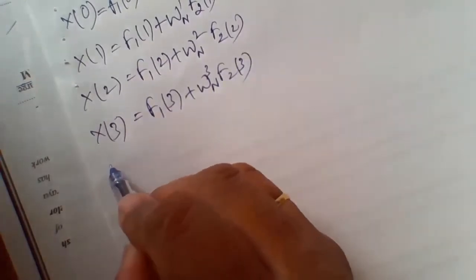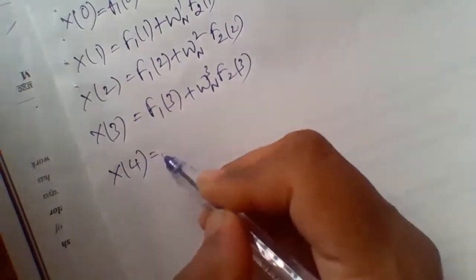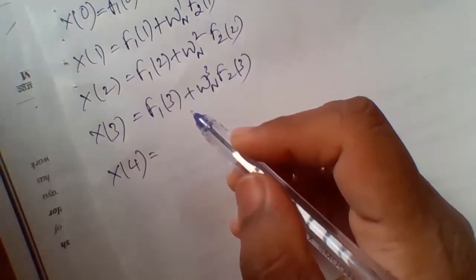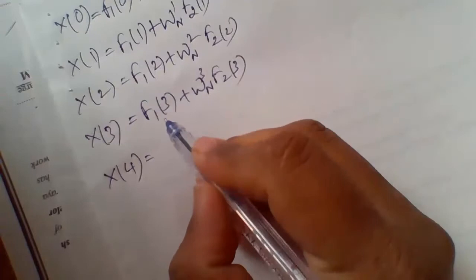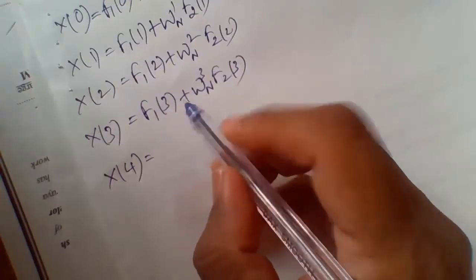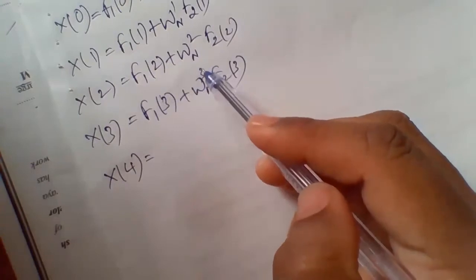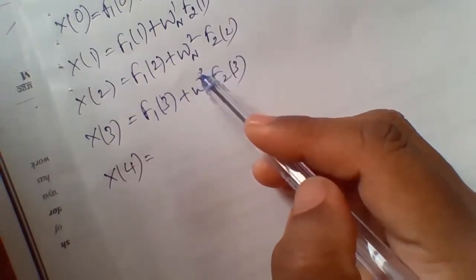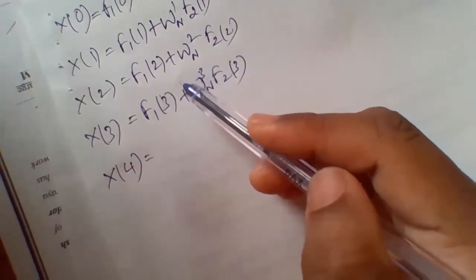Now when I come to x of 4, already while writing the equations for the third stage, we have seen that there is no f1 of 4, because all f values, either f1 or f2, are periodic with a period of 4. So once you cross 3, you will have to go back to again 0, 1, 2, 3 only.